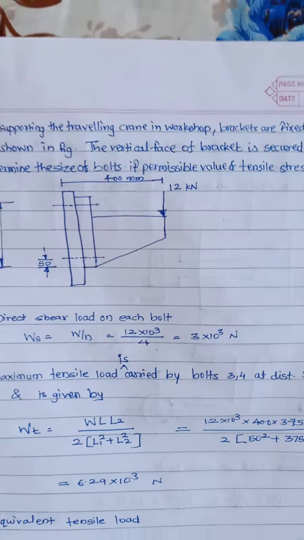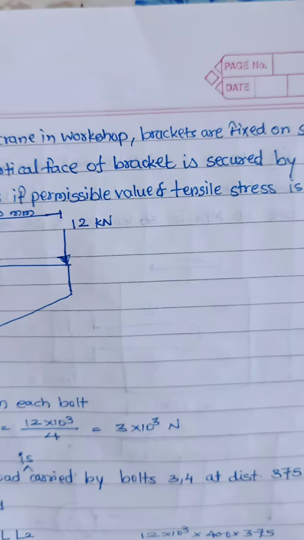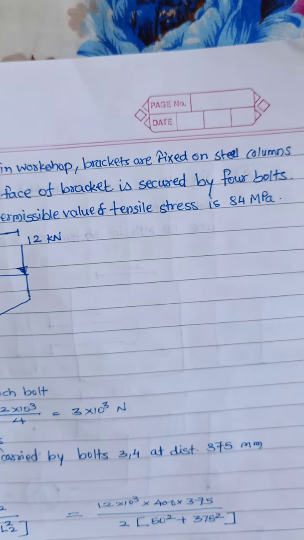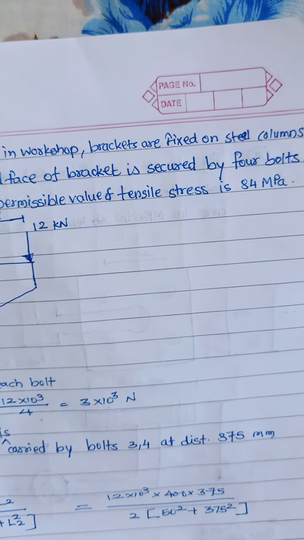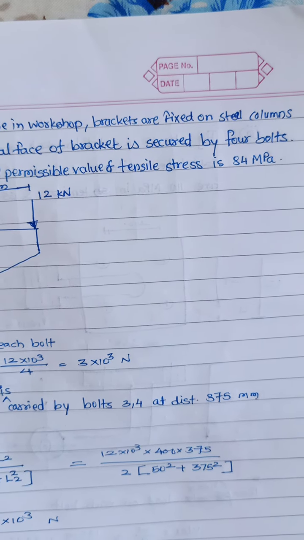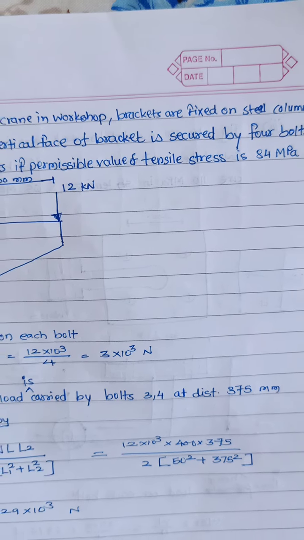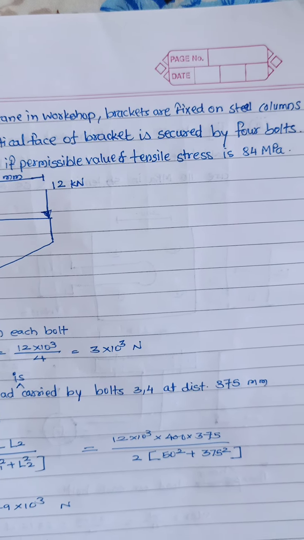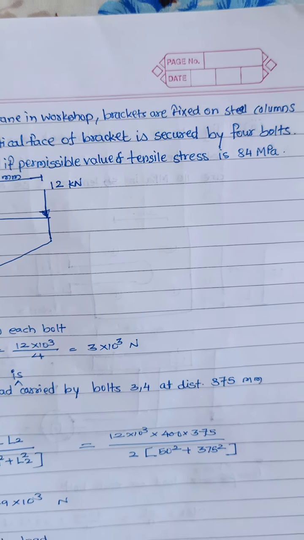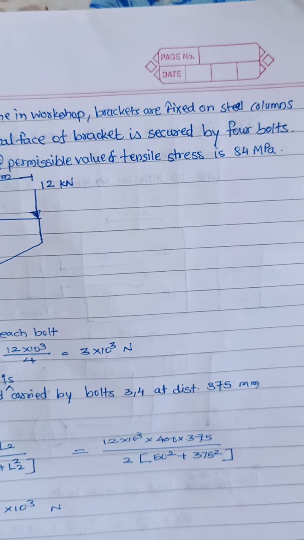Length L is equal to 400, load W is 12, and permissible tensile stress is 84 MPa. Only permissible tensile stress is given, so we will calculate only WTE. We don't have to calculate the equivalent shear force WSE.